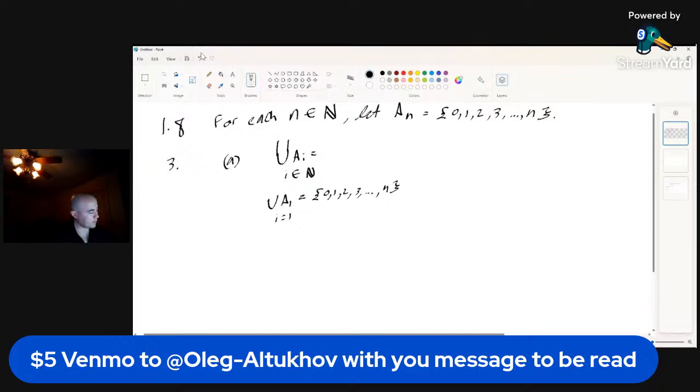I'm either going to get this right or wrong, but it seems to me that for each number in the natural set, let a to the n, each set contains 0 to positive infinity, though again 0 is not part of the natural set. It seems the union would be all of them.